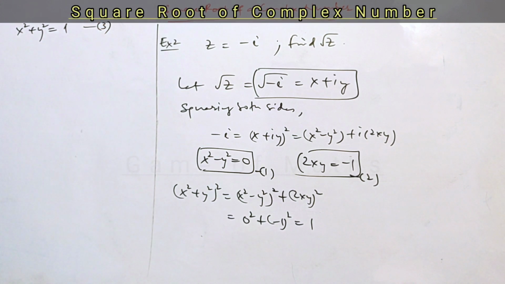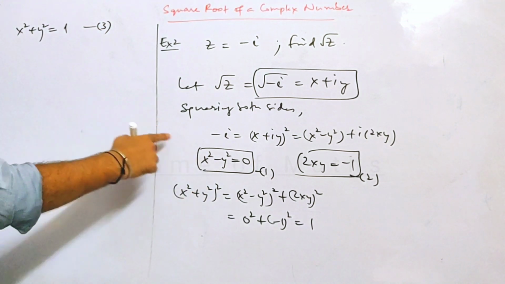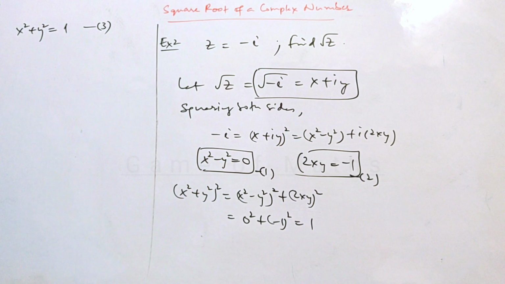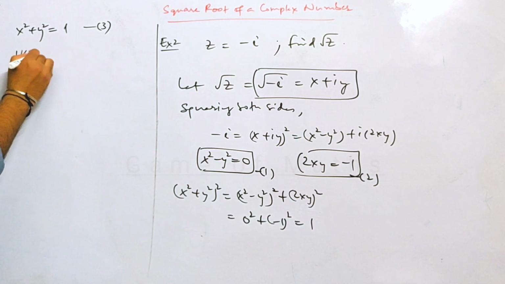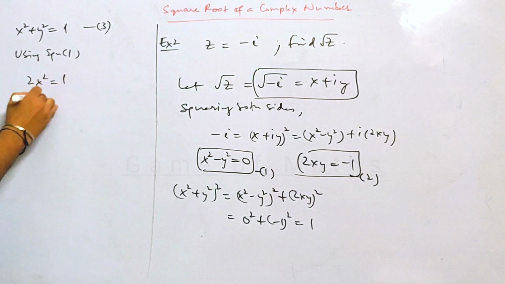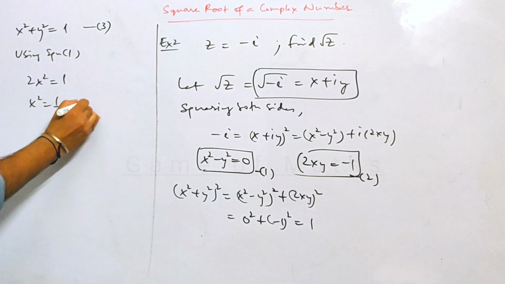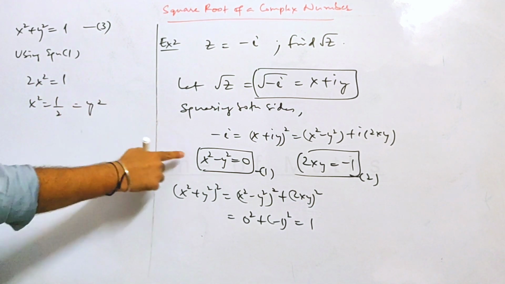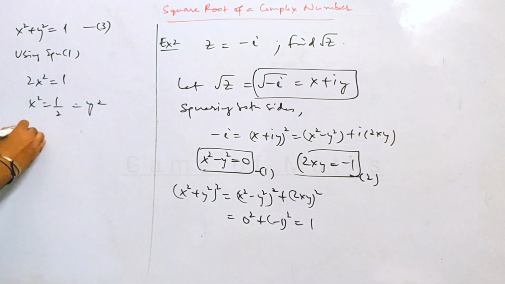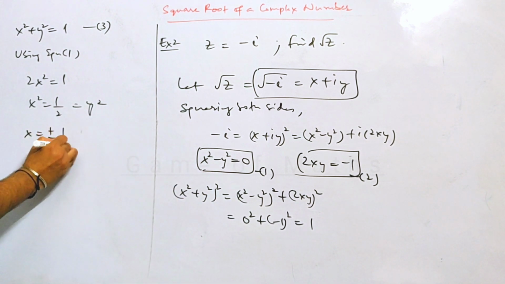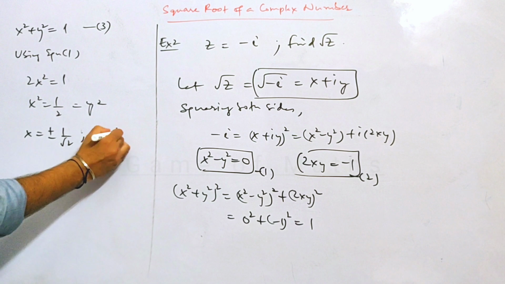Now if we use equation 1, equation 1 says x square equals y square. So using equation 1, I can rewrite this as 2x square equal to 1, x square equal to 1 by 2, which is also equal to y square, as x square and y square are equal according to equation 1. This gives me two possible values of x and two possible values of y.